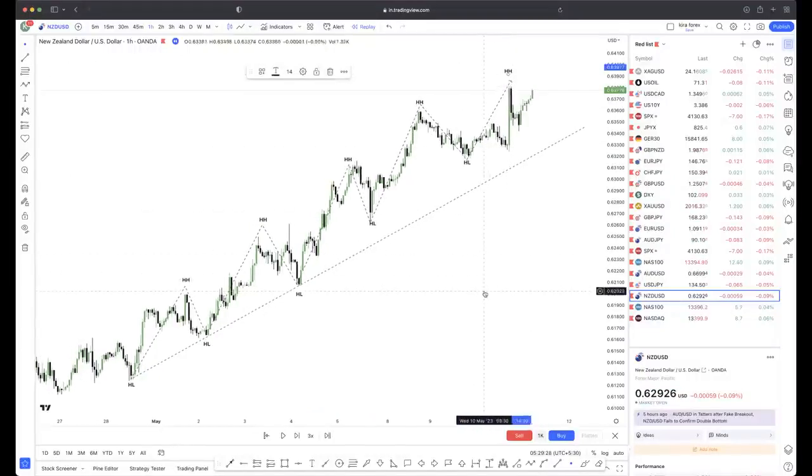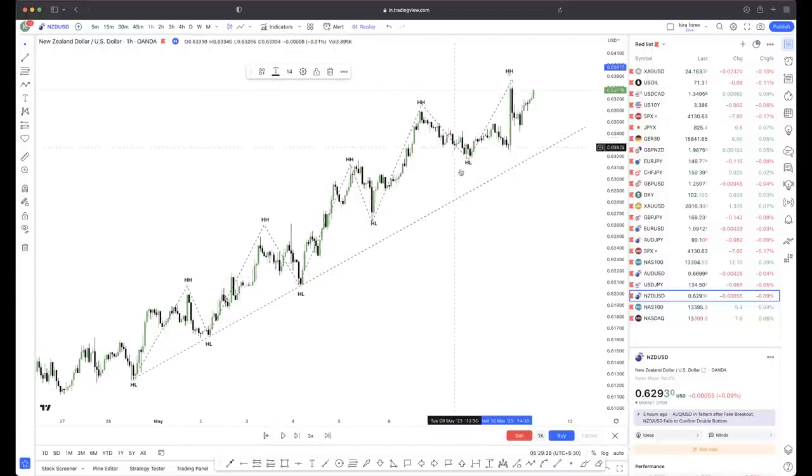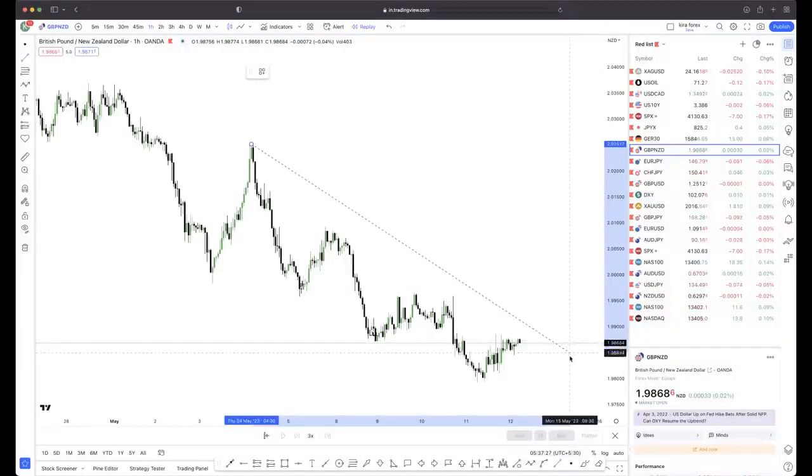So this is an uptrend market. We have a series of higher highs and higher lows. This is very simple. Now let's look at how a bearish structure or a downtrend structure looks on a real chart.